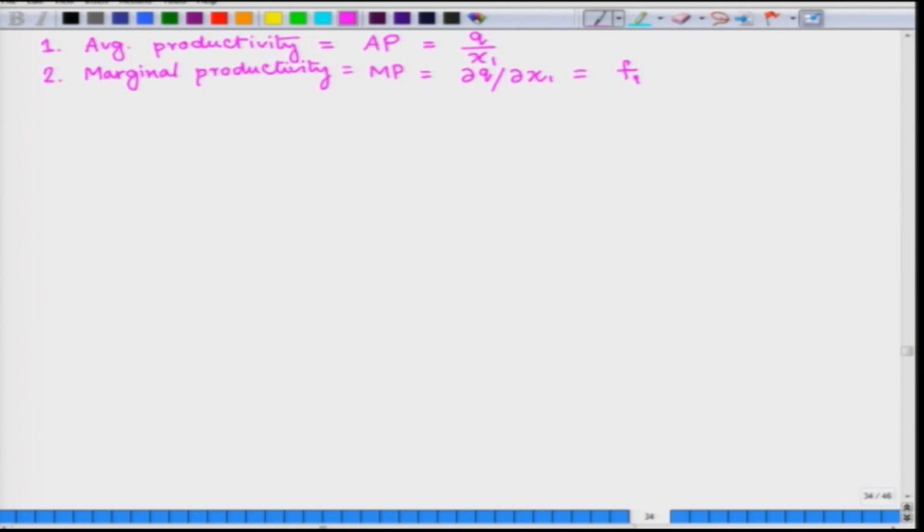Now, let us look at the concept of marginal product formally through a definition.